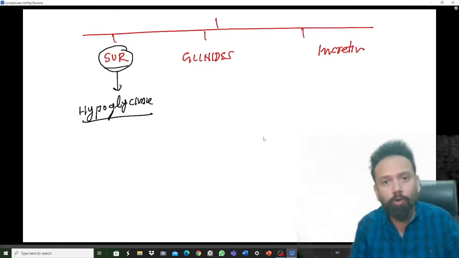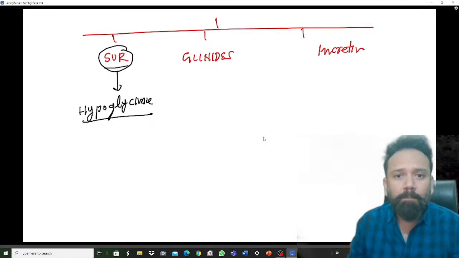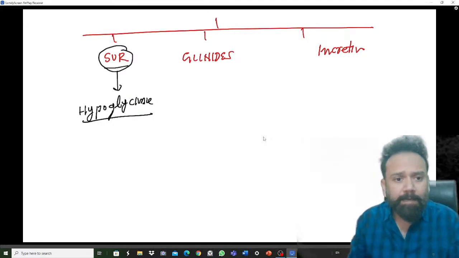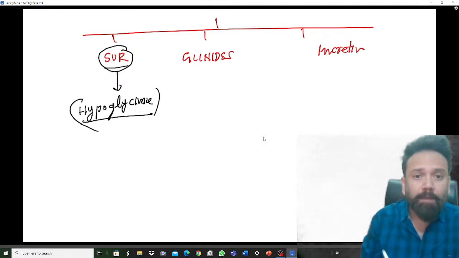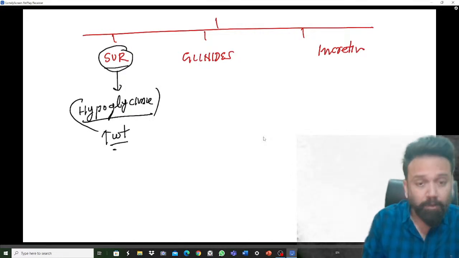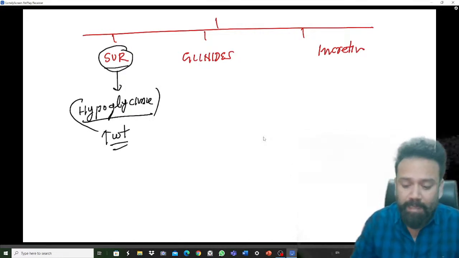Yes or no? Normally when we take food and insulin is released, it will be balanced out. But when we are not taking food, only the drug, that can cause hypoglycemia. And you know, insulin has an anabolic effect also. That can also increase the weight. So weight gain can happen.